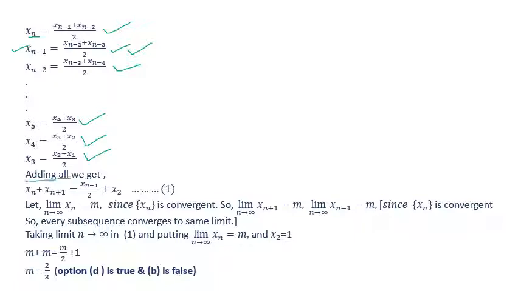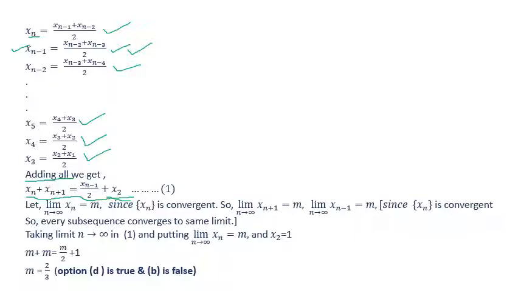Now adding all the terms of the left hand side and all the terms of the right hand side, we will get xn plus xn minus 1 equals xn minus 1 by 2 plus x2, right? So adding all, we will get xn plus 1 equals xn minus 1 by 2 plus x2, right?